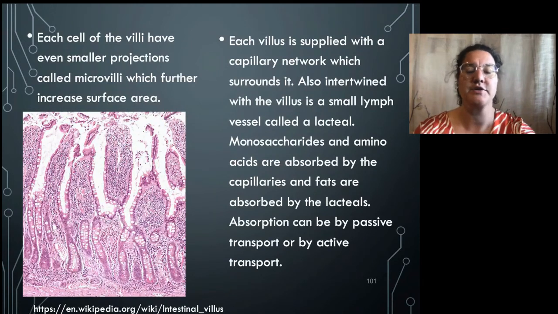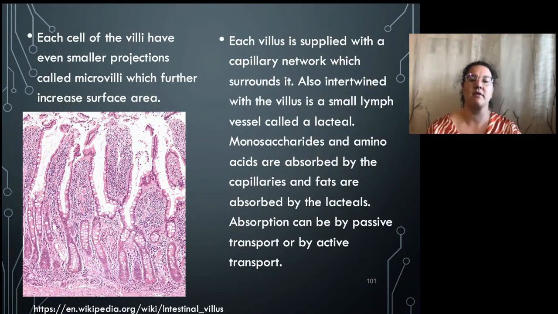Each of the villi also has smaller projections called microvilli, which further increase the surface area. And each of these villi has a capillary network of blood vessels and small lymph vessels, where monosaccharides and amino acids are absorbed and fats are absorbed into our circulatory system. And this can occur by passive transport, requiring no energy, or active transport.